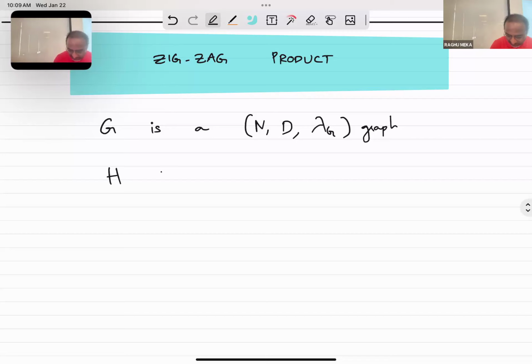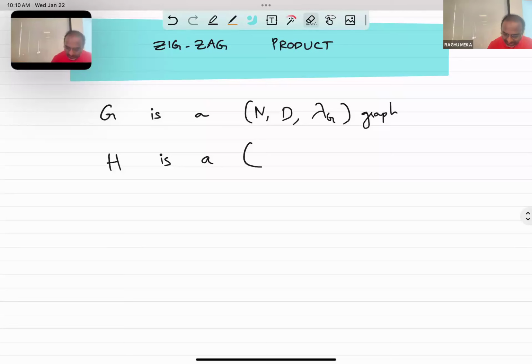And then we need another graph H, where the number of vertices in H has to be the degree of the first graph. You should think of G as the main graph and H as the small graph. So you're combining a main big graph and a small graph to create a new bigger graph, right?